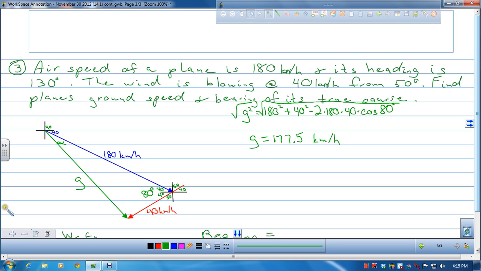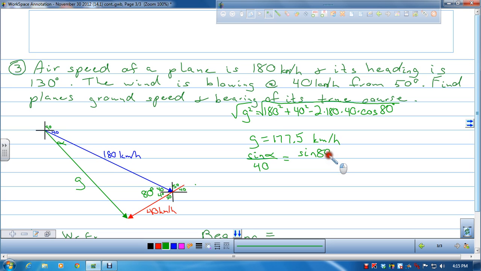So now I need to find my alpha. So I go and use the law of sines to find my alpha. Sine of alpha over the opposite side, I'm sorry, which is 40. And that's equal to the sine of 80 over my unknown side, which I know now, right?